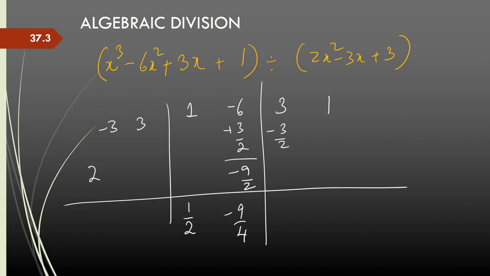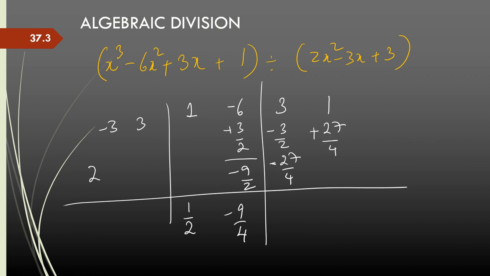Because there will be no carry forwards, each expression we divide. Then the adjustment will be minus of minus, so it is a positive term, minus into minus. This is 27 by 4 and this is plus 27 by 4.